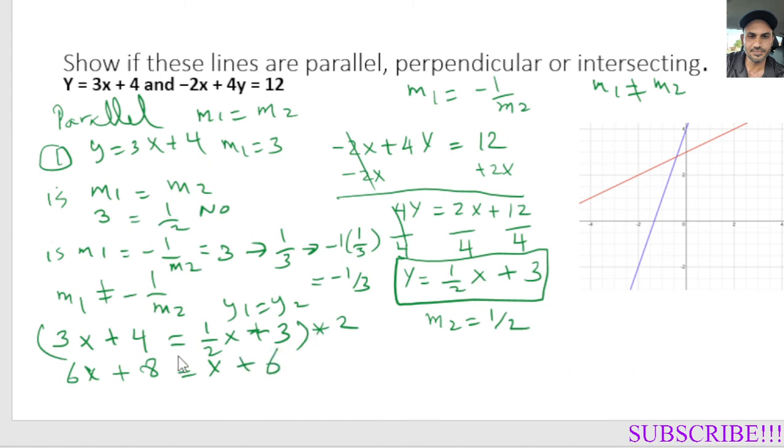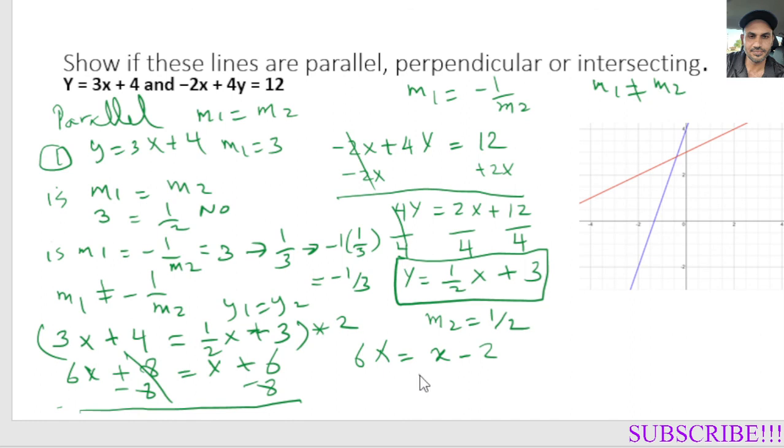Now we solve this. We subtract 8 on both sides, so this is canceled, and we're left with 6x equals x minus 2.